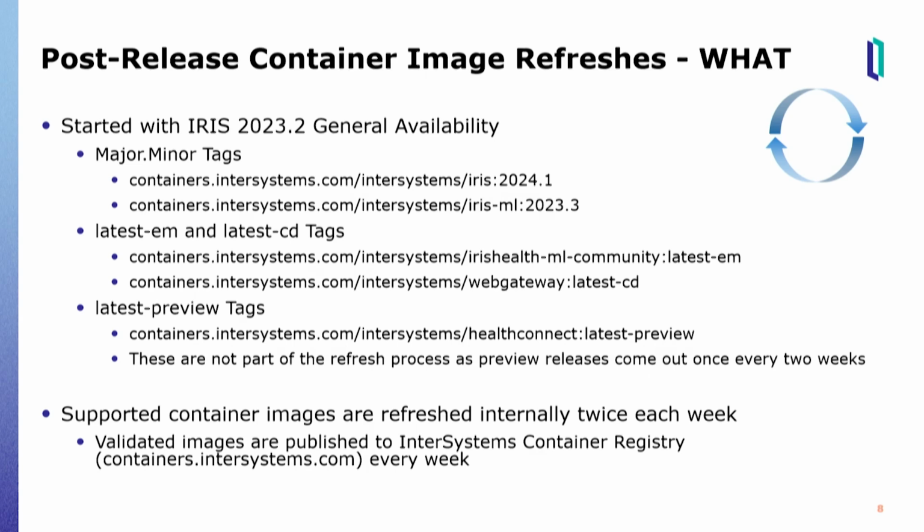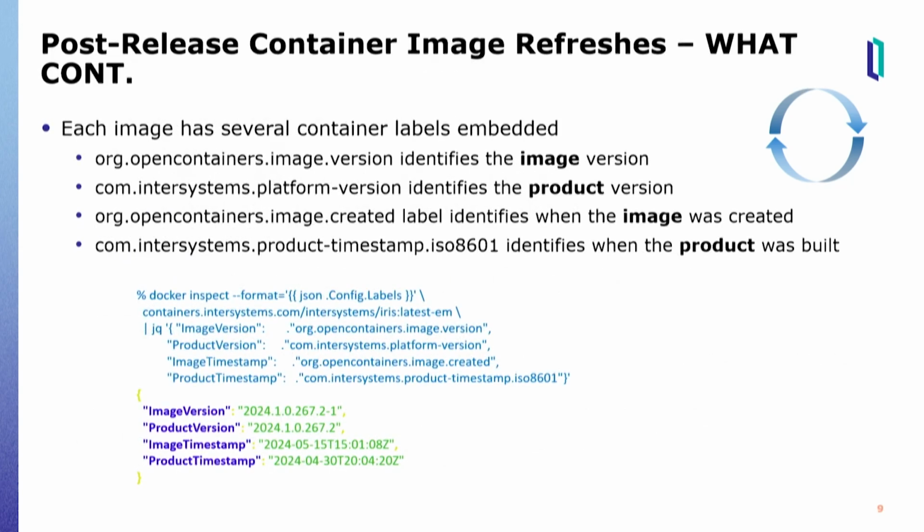With the help of these new tags, internally we refresh our images twice each week. Then once every week, we have a process to publish the validated images to our InterSystems container registry. One thing I would like to point out about these images are some of the labels that we have here, specifically these four that I've shown, that give you version and timestamp information.